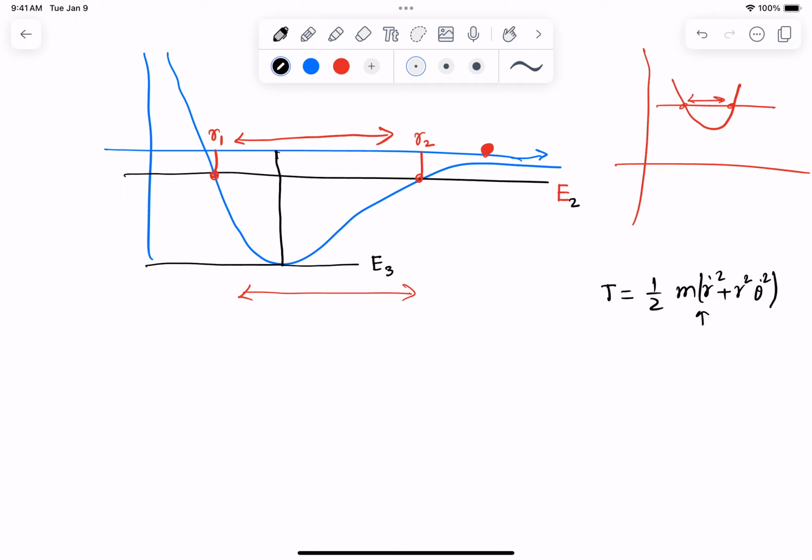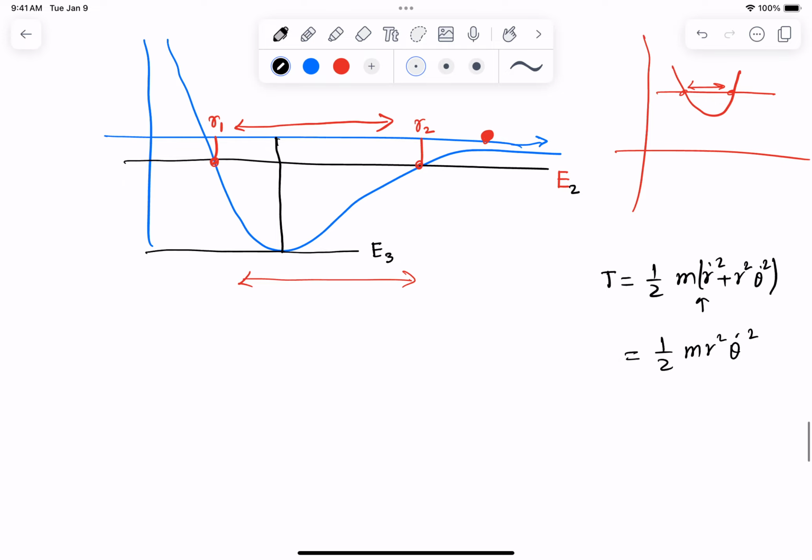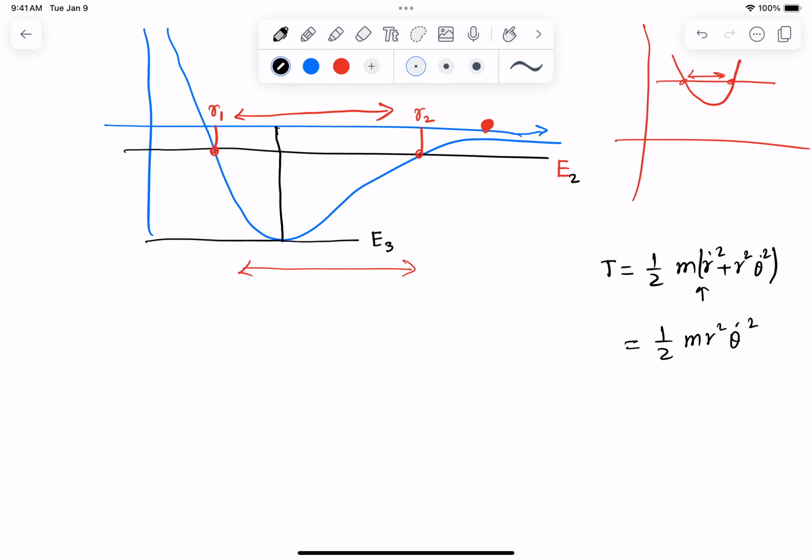So all the kinetic energy comes from half of m r squared theta dot squared. So because of the angular motion of the object, you get the kinetic energy, and the potential energy is the minimum in this case. And in this case the radius is going to be fixed.